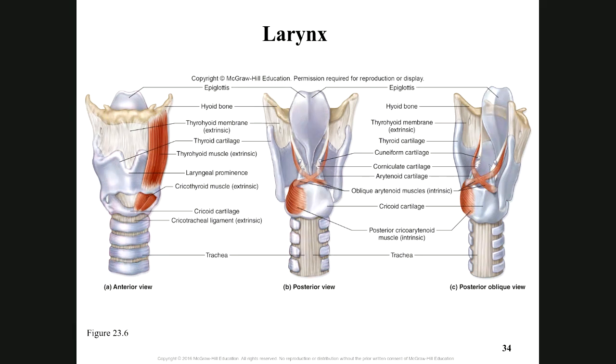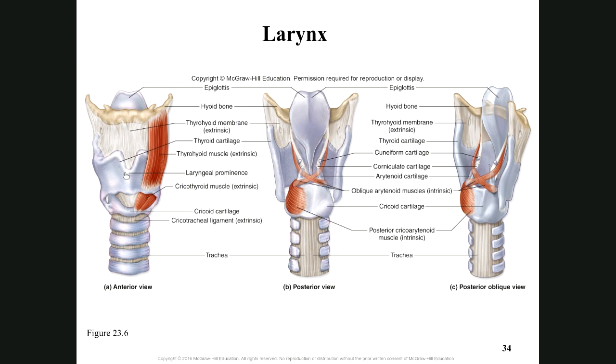The thyroid cartilage is large and shield-shaped, and the anterior part of the thyroid cartilage has one bump or projection. We call it the laryngeal prominence, or Adam's apple. We can see it in some individuals' necks, and it's larger in males most of the time than females.